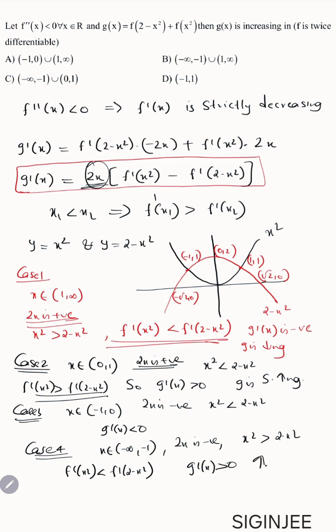So the function is increasing in (-infinity, -1) union (0, 1). Option C is the answer. So that's the answer for this question.